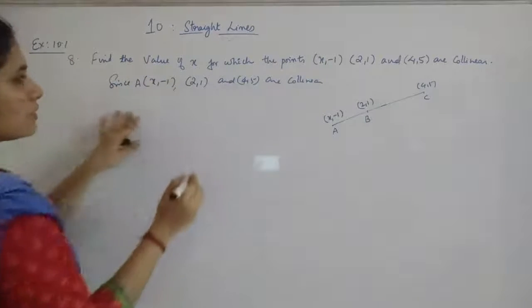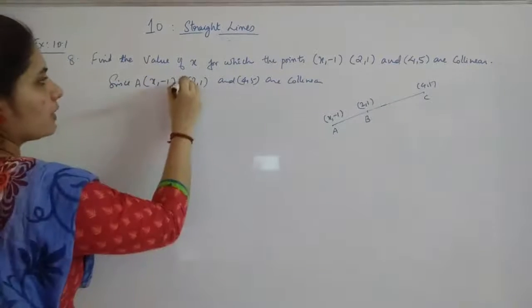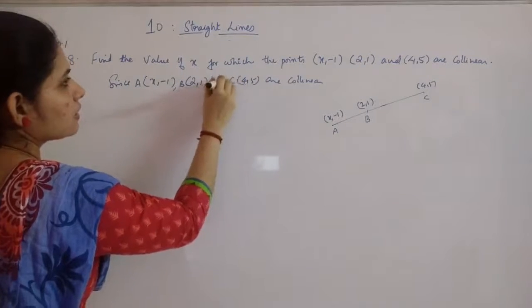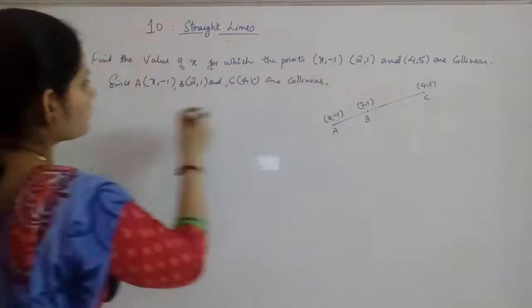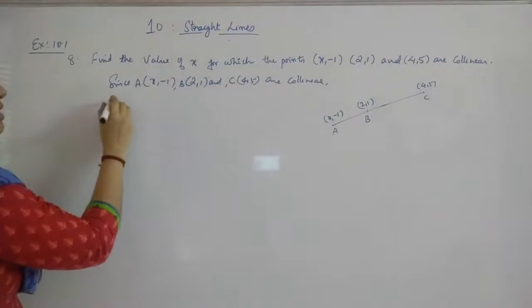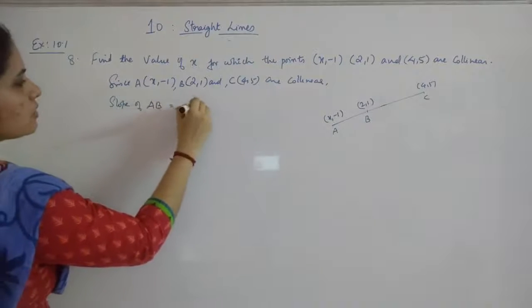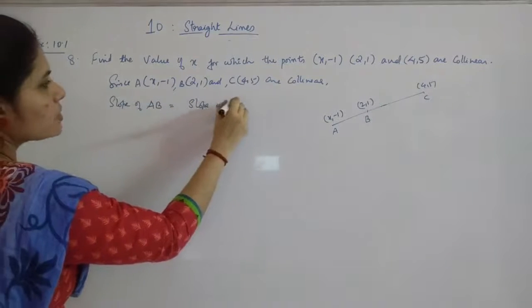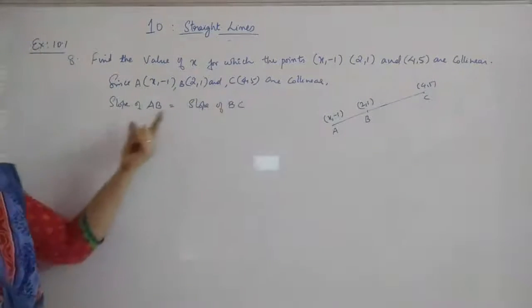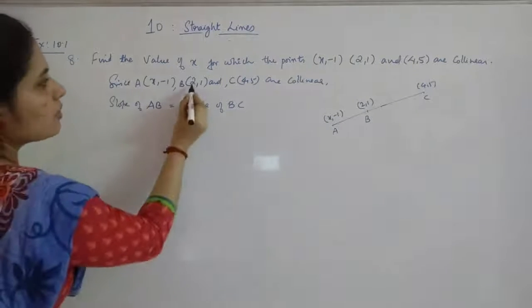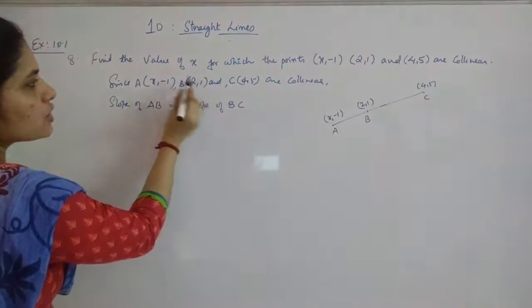To just write as slope of like that, okay. And A, B, C are collinear, so you have to get slope of AB is equal to slope of BC. So before using this, we will just find out what is the slope of AB. Slope of AB is y2 minus y1.